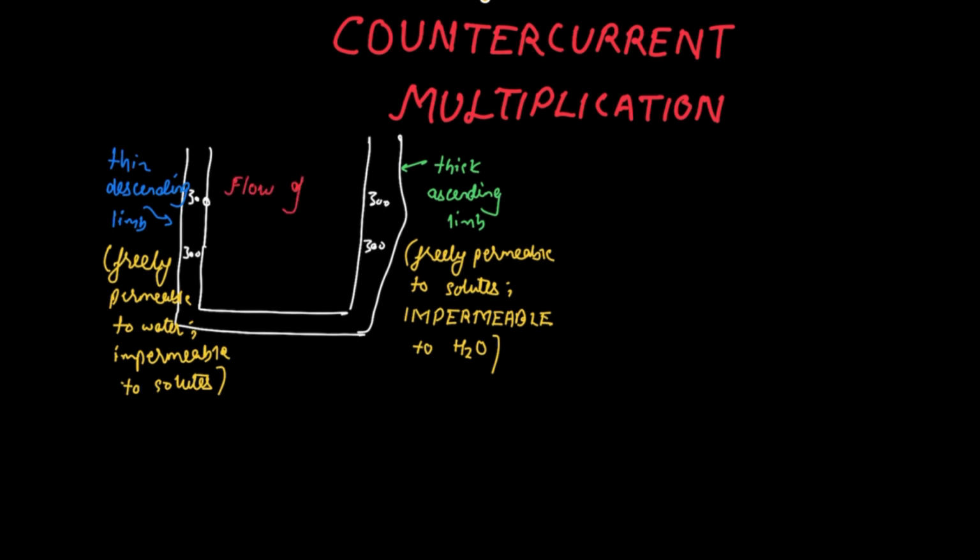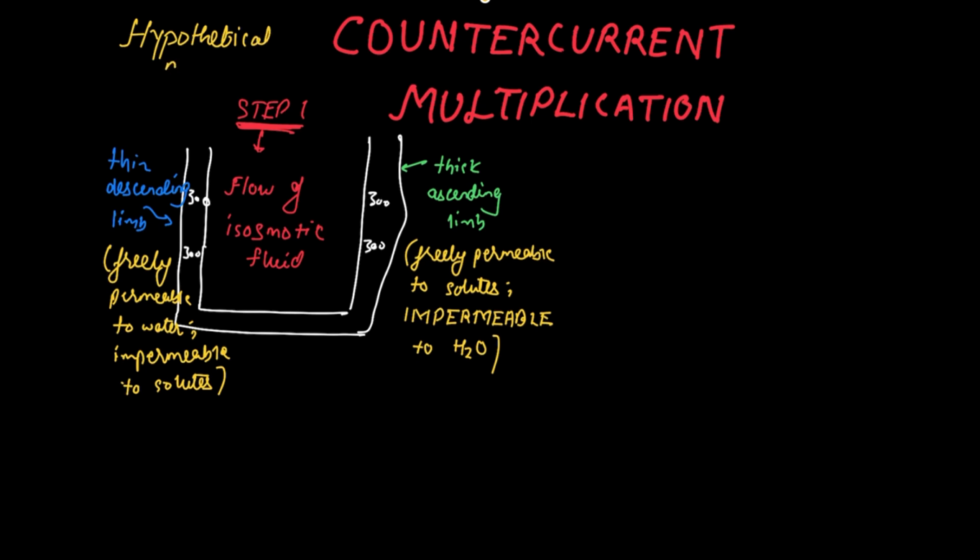Step 1 is flow of isoosmotic fluid. At the end of the proximal tubule, please recollect that the tubular fluid is isoosmotic. This isoosmotic fluid flows into the thin descending limb, then it goes into the loop of Henle, and then it travels into the thick ascending limb. So everywhere the osmolarity is 300 milliosmoles per kg.